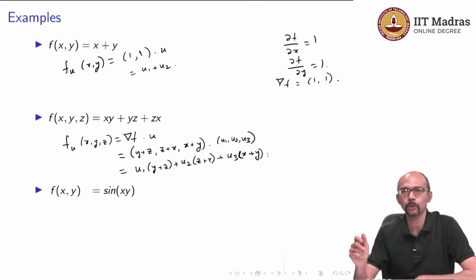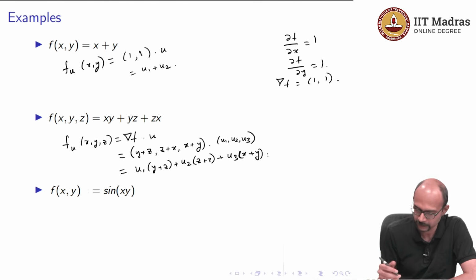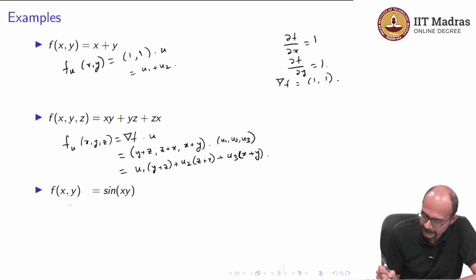Right. So, you can see now also why this vector notation is useful, and that dot products are also useful. We finally have scope to use them in calculus.